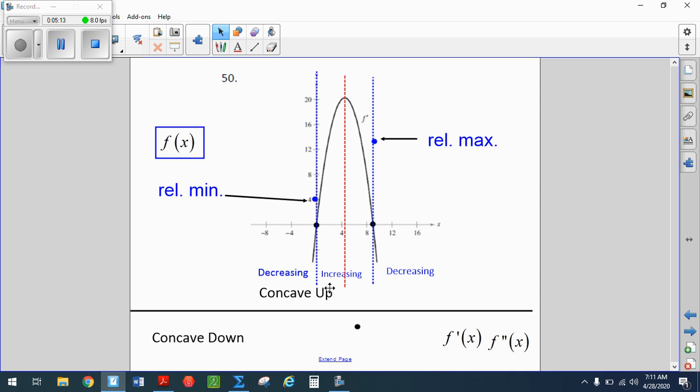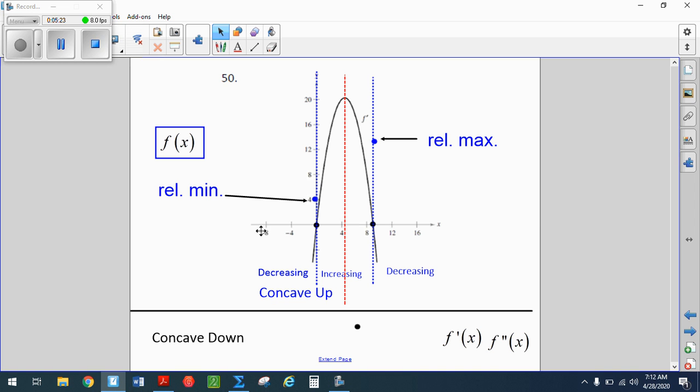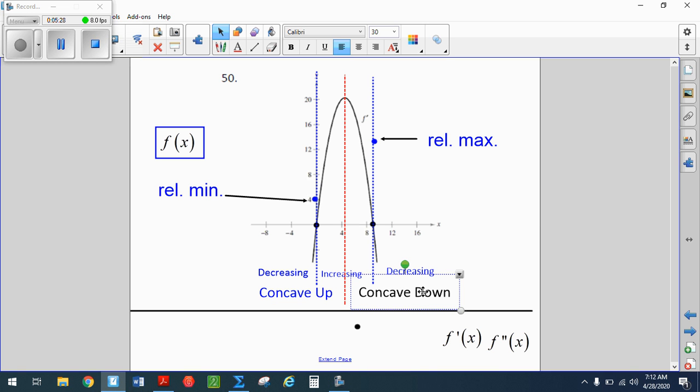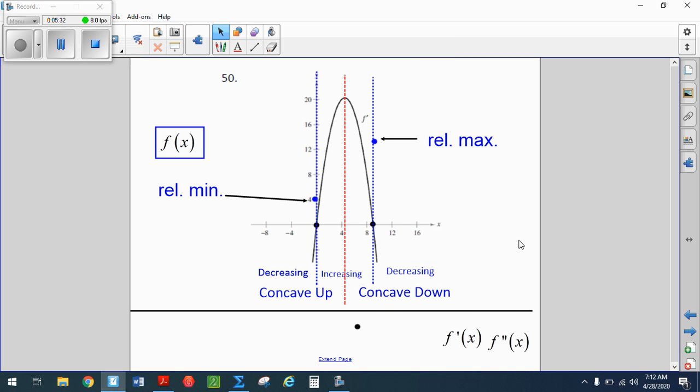So we're going to have concave up right here. Extend this red line all the way down. So my original function is going to be concave up from negative infinity to about 4. My original function is going to be concave down from about 4 to infinity.